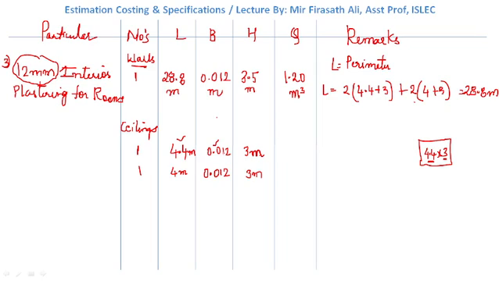If we multiply all these things, we will get the values as 0.158 and 0.144.